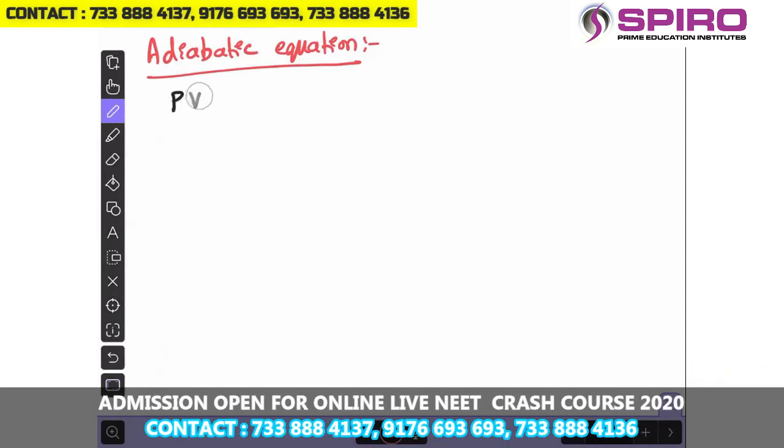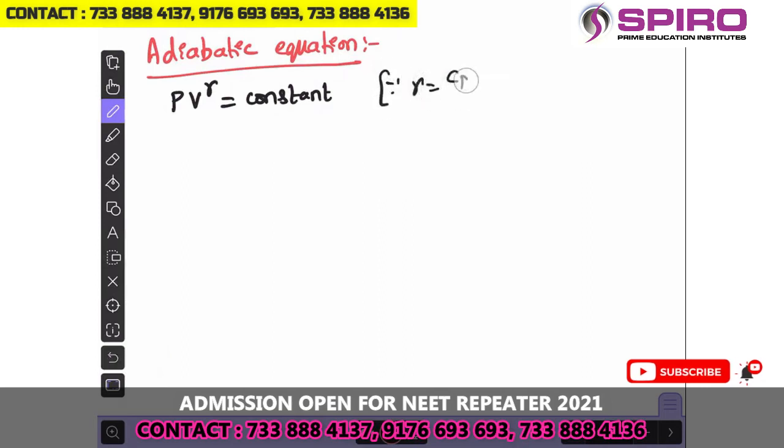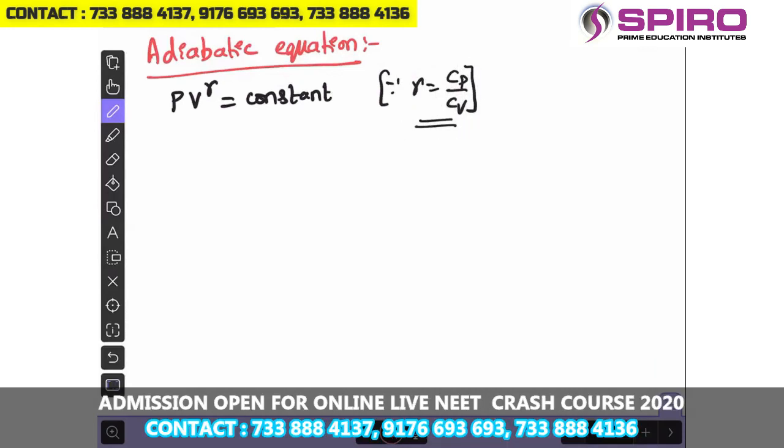P V power gamma equal to constant, where gamma is called the adiabatic constant. Gamma is Cp by Cv. All these values we have already discussed.